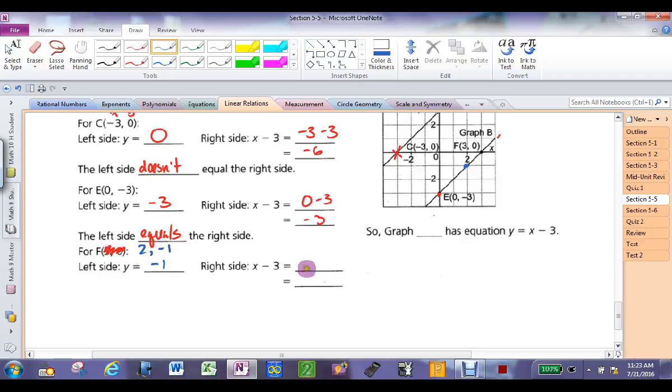Okay, now the right side, what goes in for X? 2 - 3 is -1. Does -1 equal -1? Yes. So this point is on the line, making it okay. So graph B has that equation. And that equation will make graph B. Got it? Good.